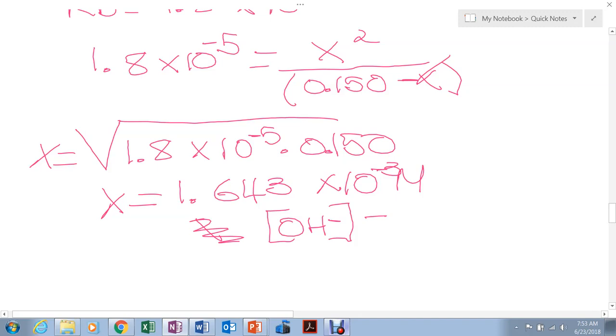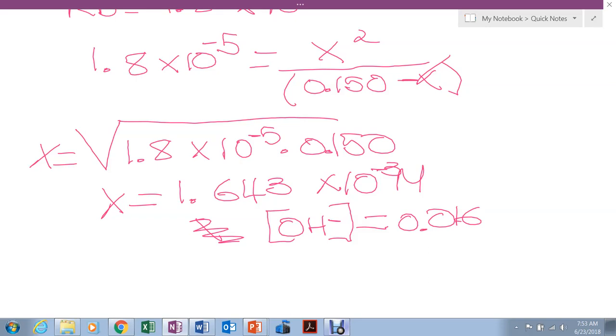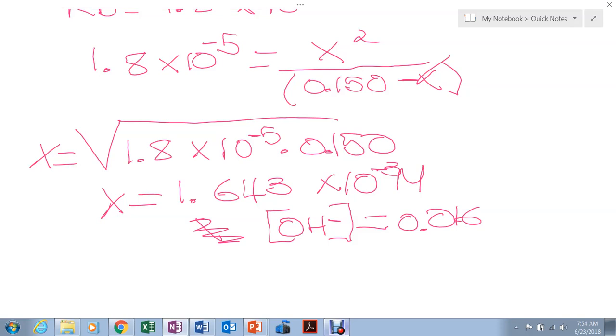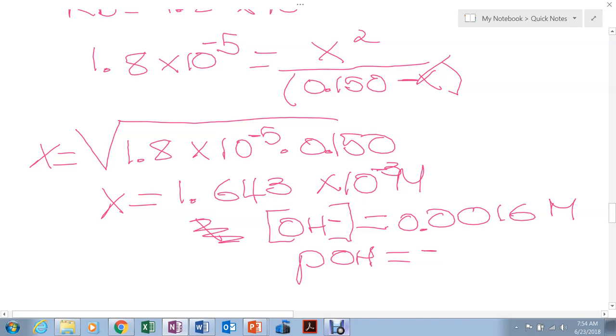is equal to 0.0016. No, I need another 0. 0.0016 molar. And so the pOH would be the minus log of 0.0016.